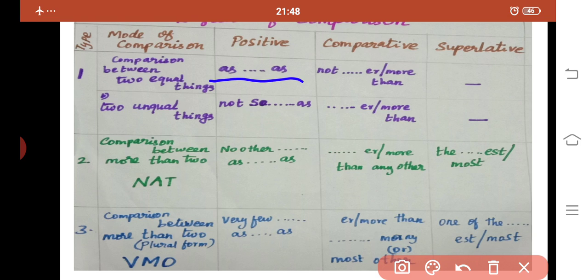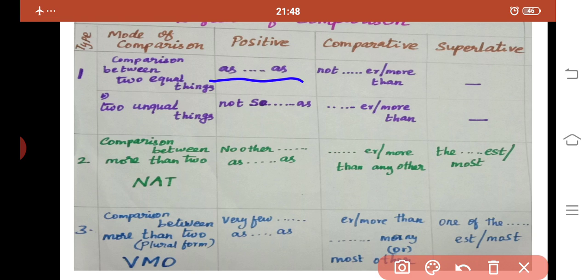Before and after the word of adjective, we are using as in positive form. Here the as or so as are bodyguards of the adjective. In the comparative form also, we are having an adjective, and after the adjective word we are using than.